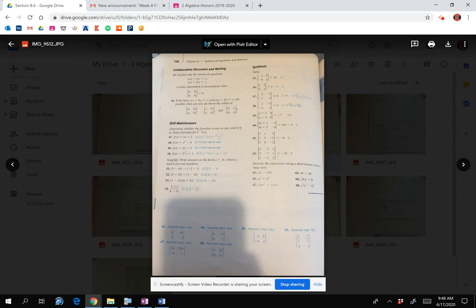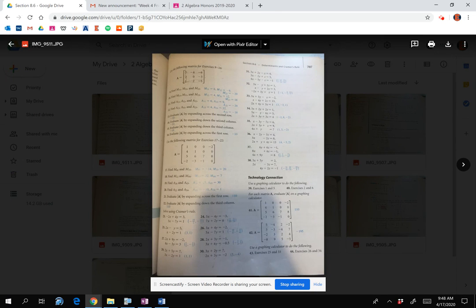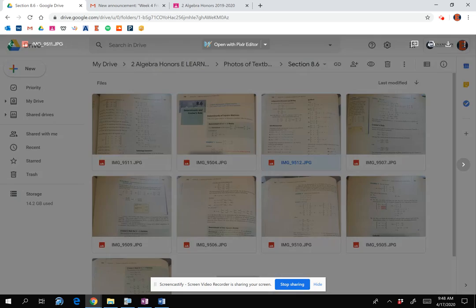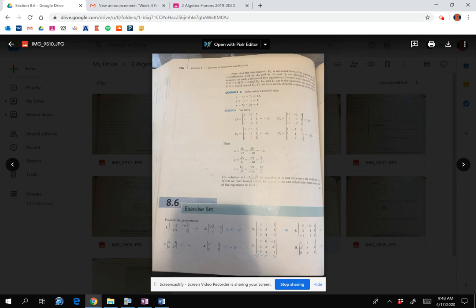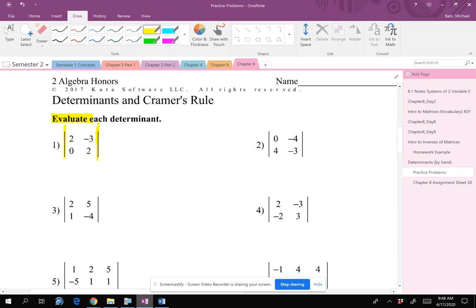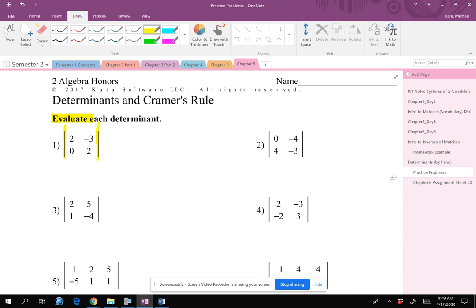Don't worry about these, they're like super challenging ones, but I guess they don't show them here yet. But a lot of these say evaluate the determinant, and do you notice how they're all in absolute value? If you see a matrix in absolute value like this, not in brackets like these, it's a very subtle difference, that means automatically you're finding the determinant.